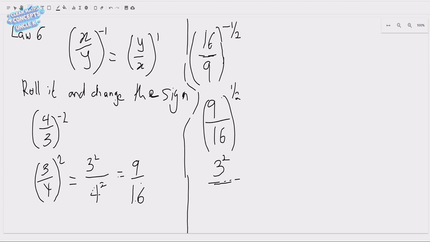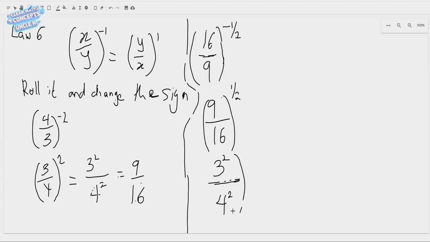Now 16 can be written as either 2 raised to power 4 or 4 raised to power 2. But because we can see that what is outside is 1 over 2, I think the best way to put this will be 4 raised to power 2. If you put it as 2 raised to power 4, you still get the same answer anyway.